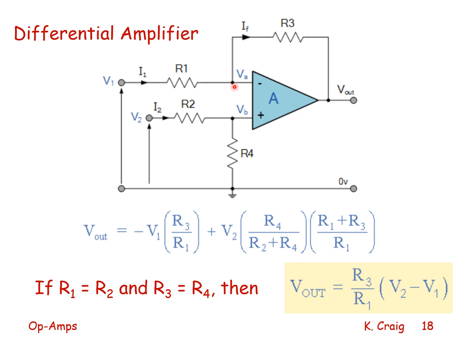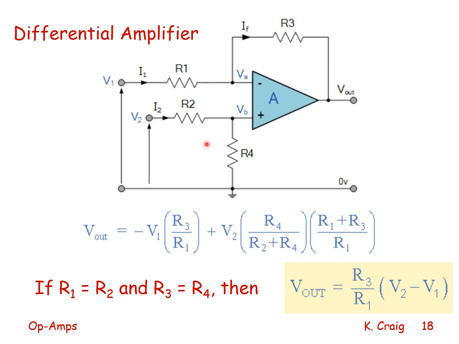I1, must be equal to the current flowing through R3, which is IF. And VA must be the same as VB, and VB is related to V2 through the voltage divider relationship.